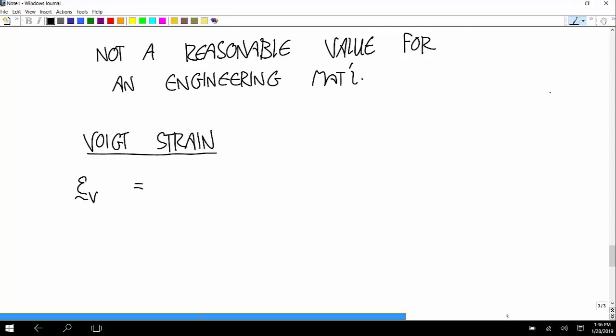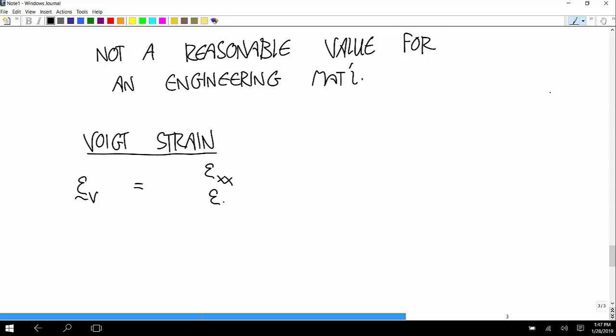And we're just going to list it in the same order that we defined the Voigt stress. So the three normal strains in the order you would expect if you had to guess, followed by the three shear strains in the opposite order you would expect.